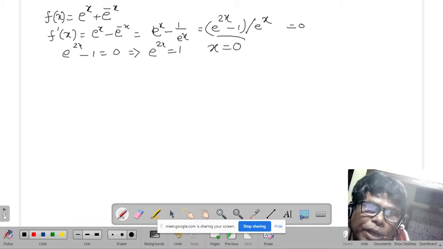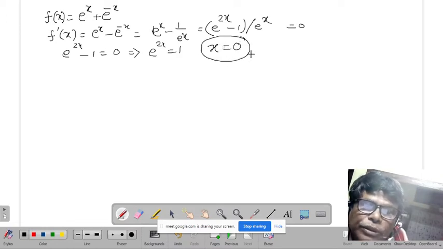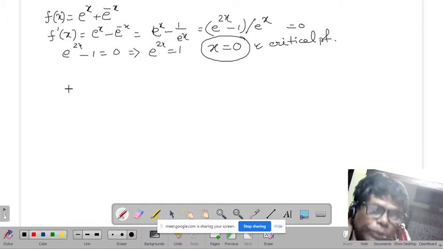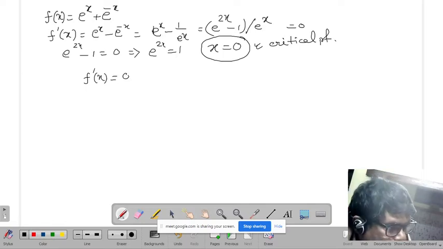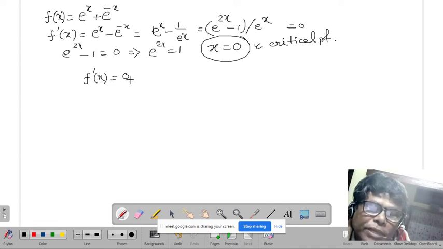So the critical point is x equal to 0. Now f dash x equal to 0 gives you the critical point.